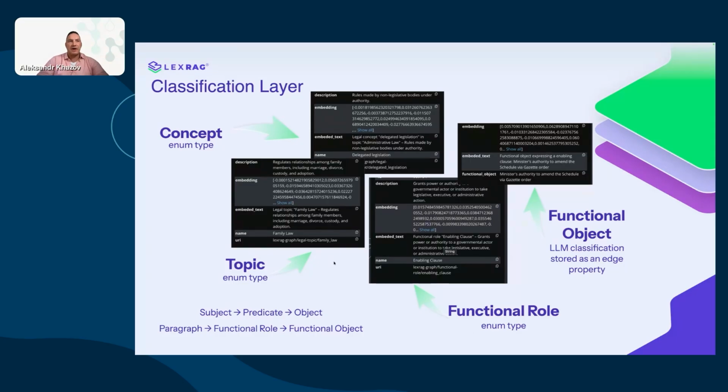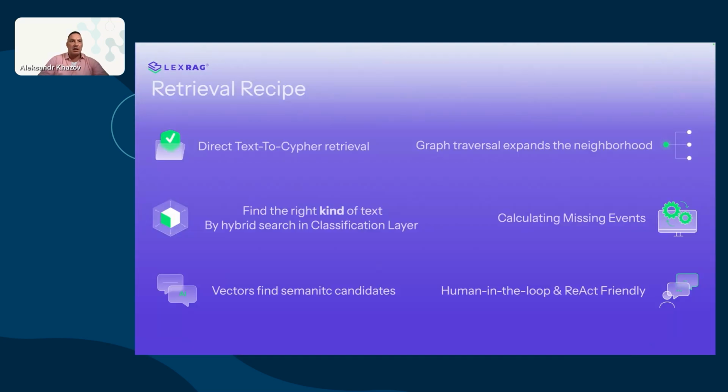So in other words, if I'm searching for something related to family law, I don't necessarily have to use "family law" to construct the Cipher query, but may use different approaches to wording, and that provides super flexibility when extracting knowledge from the classification layer.